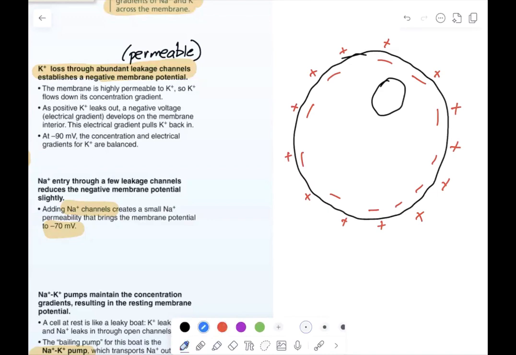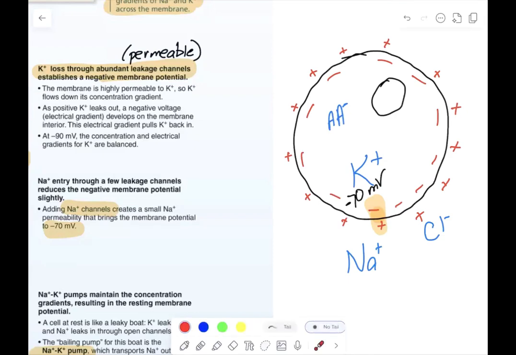It's going to have potassium on the inside, some amino acid protein anions, and sodium on the outside, chlorine on the outside. And the difference between the inside and the outside would be negative 70 millivolts compared to the outside. So when we measure either a graded potential or an action potential, we're measuring this number and what it changes to.